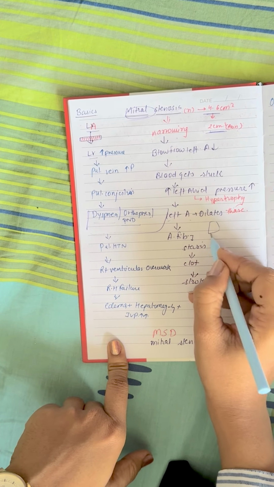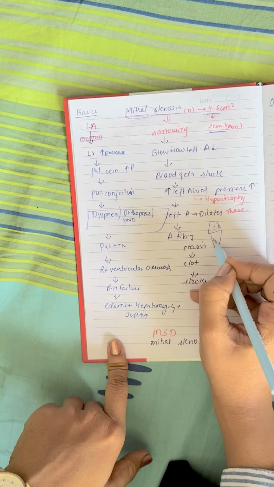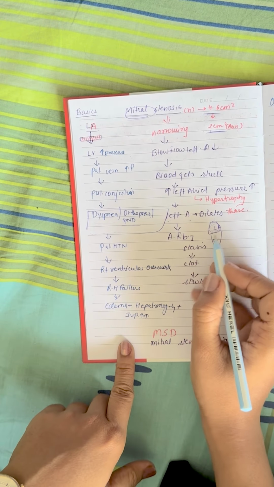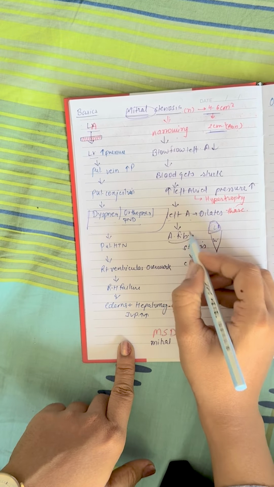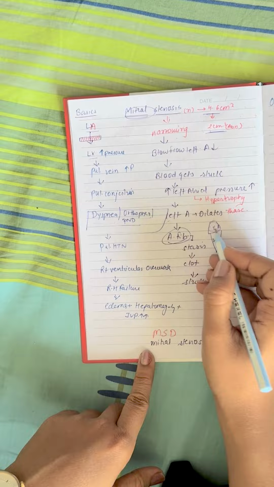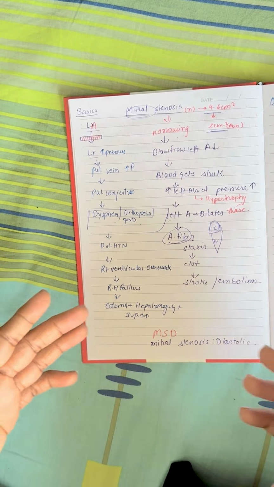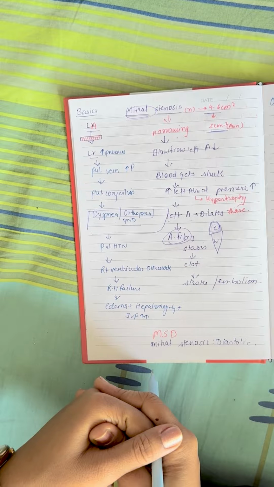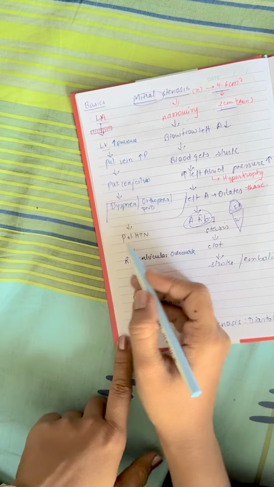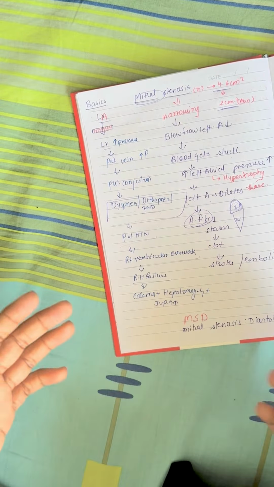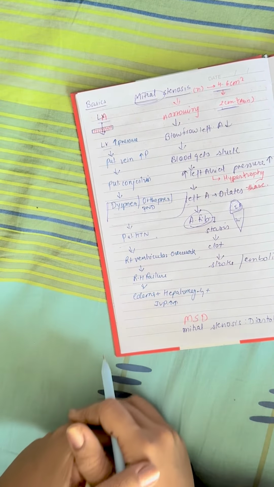This is our left auricle, this is our left ventricle. The left auricle will dilate due to the blood stacking inside, and that will cause atrial fibrillation, and that's why there is a stasis of blood inside the left auricle that will cause clot formation, stroke and embolism. Then we have pulmonary hypertension, right ventricular overwork, right ventricular failure, and we have edema and hepatomegaly.